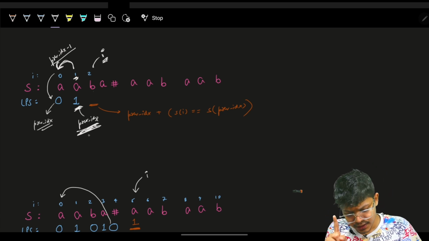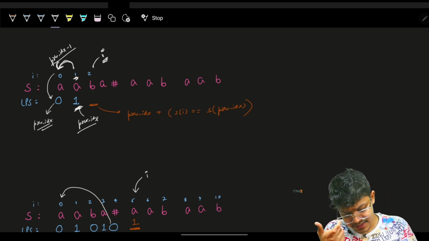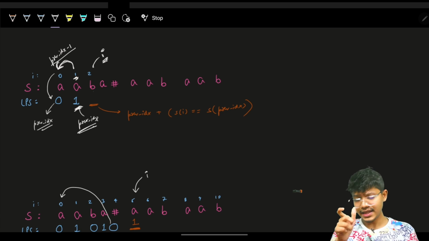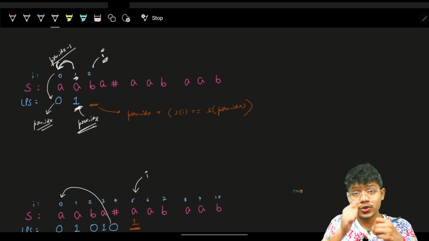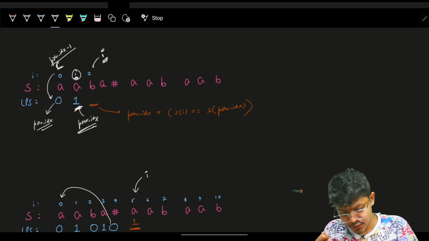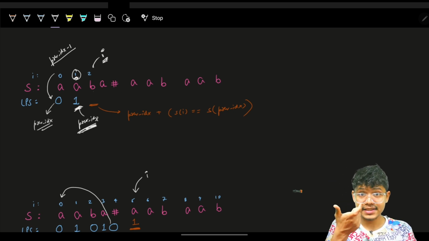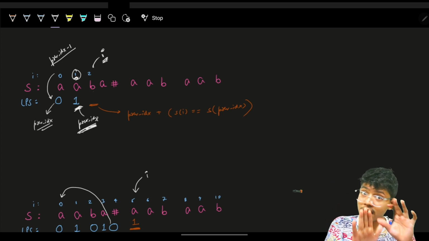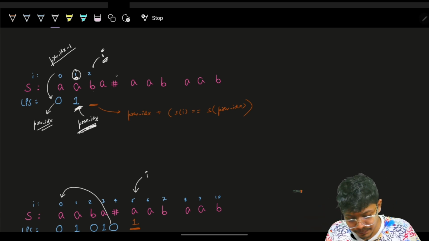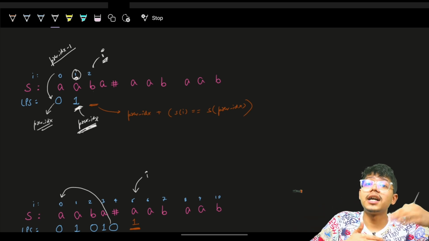That is the reason, if this LPS array represents my length, I will have to go to my actual index, which means this previous index, which is actually the length itself right now. Again, that can be confusing, but as soon as we pass this hash, it will start making sense to you.